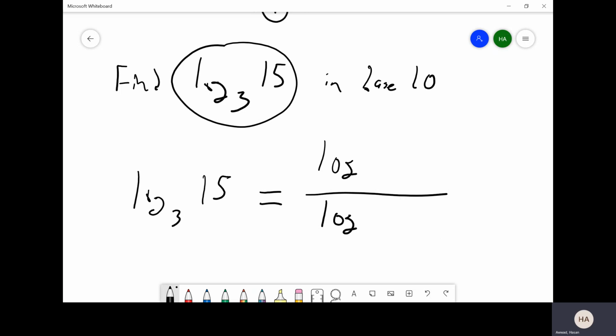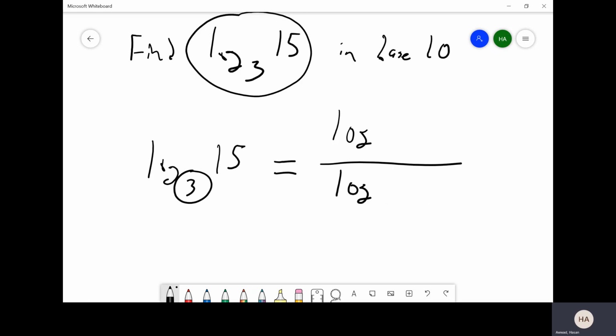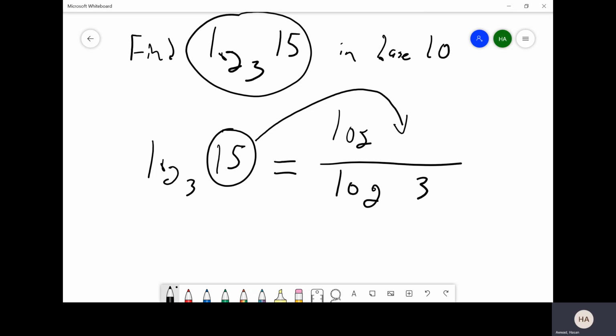Once again, think base goes to the bottom. So if 3 is the base of the original logarithm, then the value 3 is what's going to be in the bottom logarithm, the logarithm in the denominator. So this is going to be log of 3. And the value from the original logarithm becomes the value in the numerator logarithm. So this is log of 15.